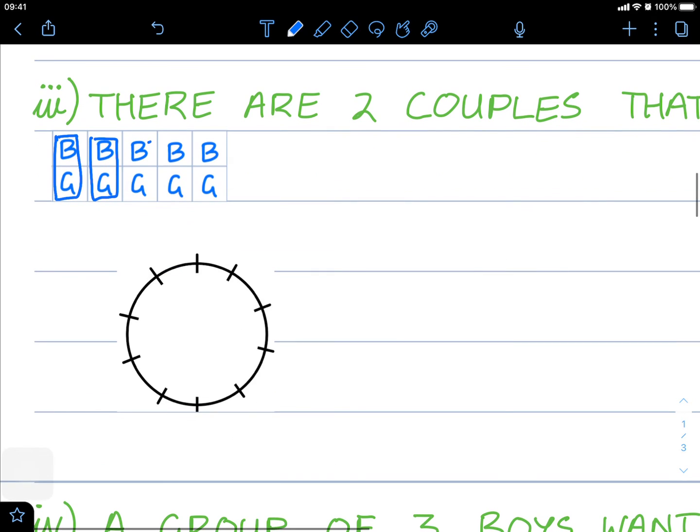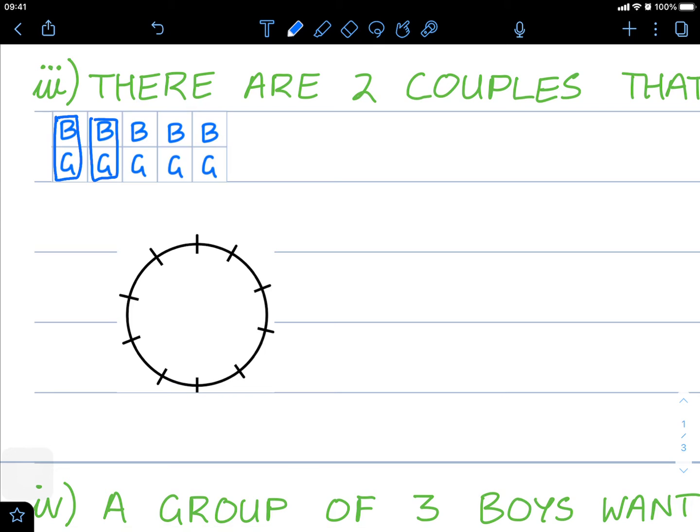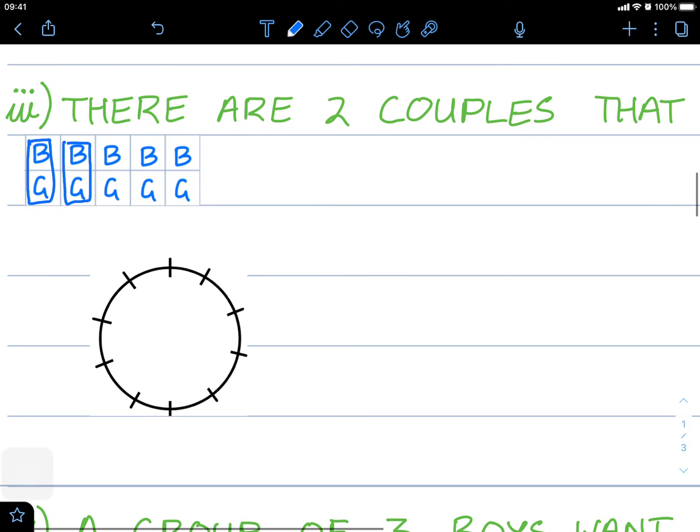And this matches treating the 10 chairs as if they were 8 chairs. So take a look: that's 1, 2, 3, 4, 5, 6, 7, and 8. If there are 8 objects left, by following the rule for circular arrangements, there are 7 factorial ways to arrange the 8 objects.